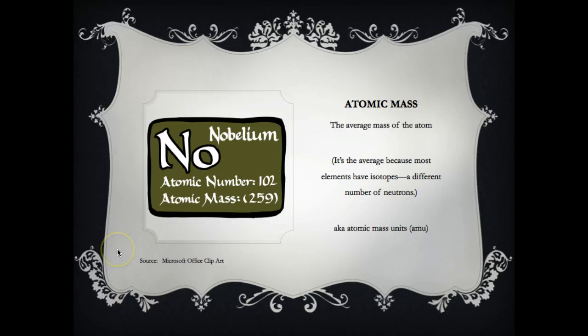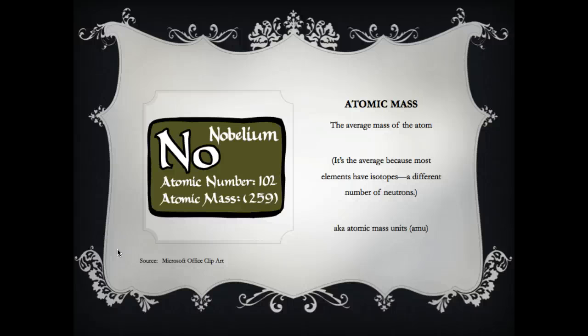The atomic mass, which is the second number that you would see on a basic element square, tells you the average mass of the atom or element. It's also known as the atomic mass units, or AMUs.